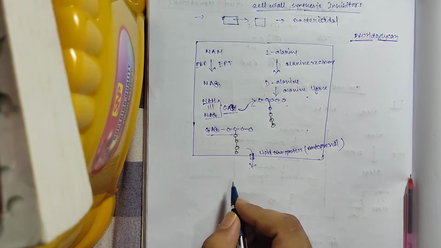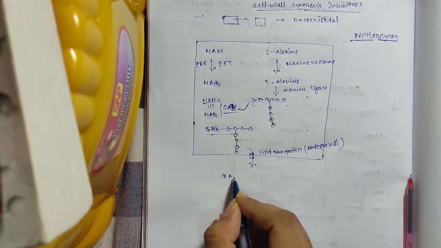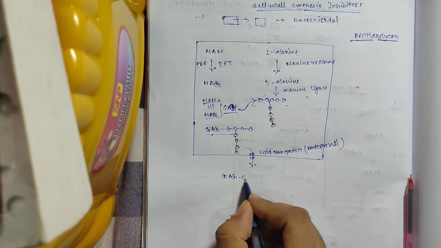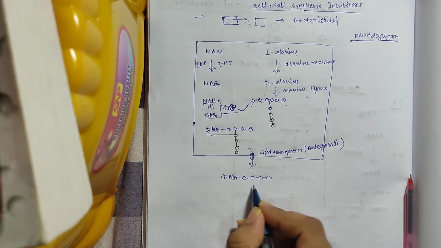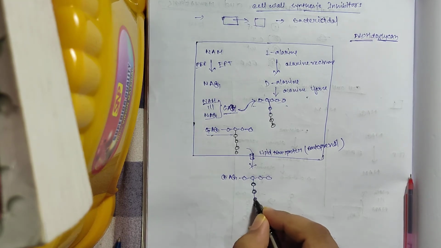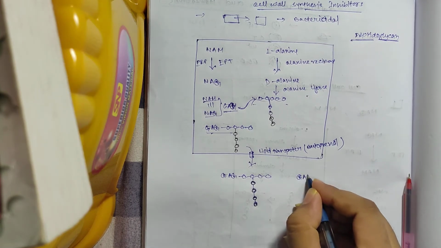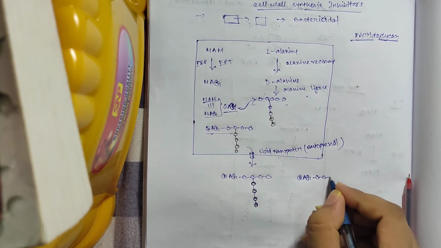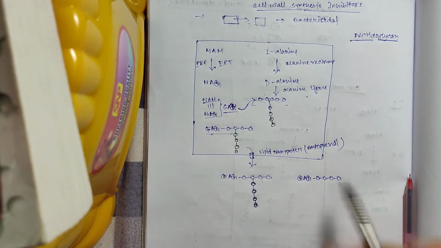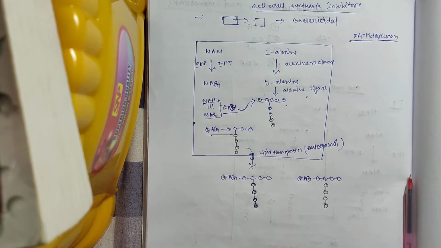there is cross linking occurring here. How is this cross linking occurring? Suppose this is GAG, this is the alanine chain, this is the glycine chain, right? This is another unit of cell wall, and this is its glycine chain. Now there is bond formation.